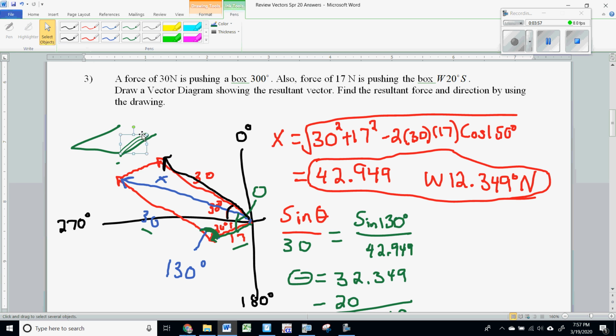Let me try again. If I have a parallelogram like this, and I know that this angle is 20, I know this angle has to be 160 because these two angles have to add up to 180. So I have a 30 and a 20, which makes this whole thing 50. So that means this angle here is 130.